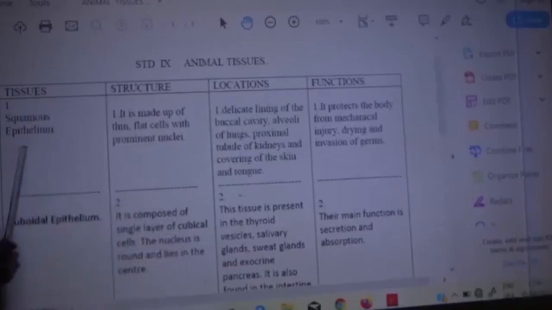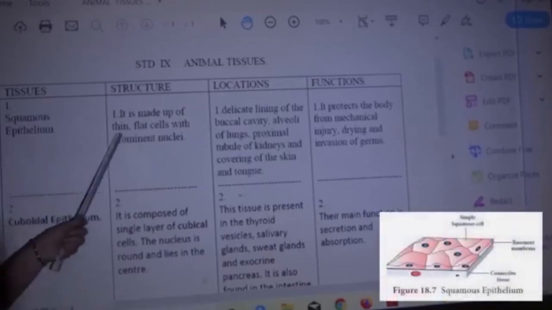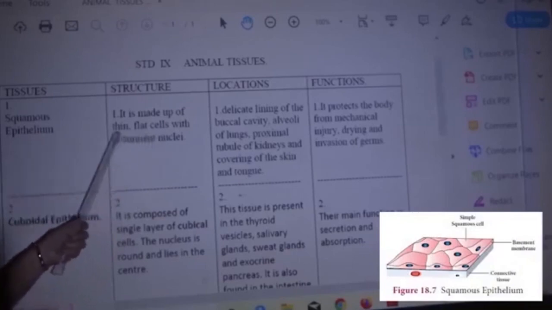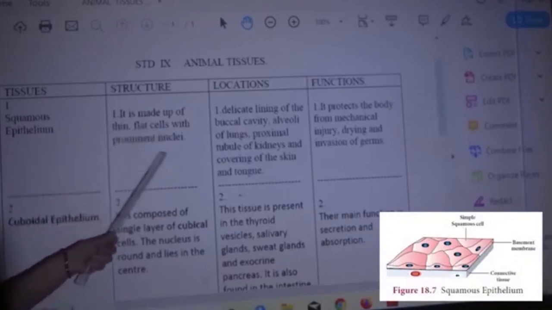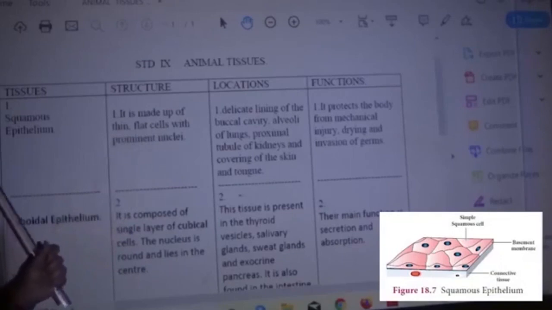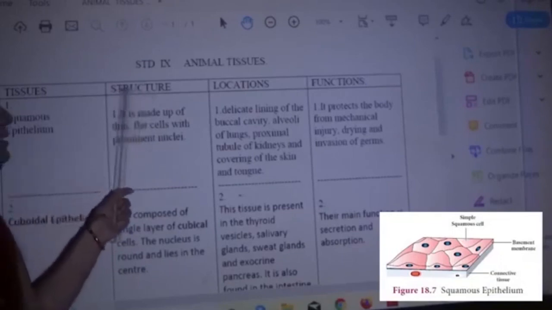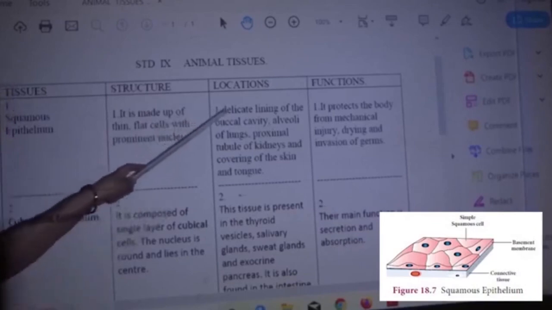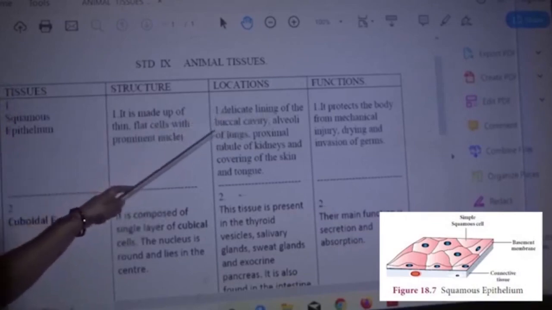The first one is squamous epithelium. It is made up of thin flat cells with prominent nuclei. Then location: it is present in the delicate lining of the buccal cavity.